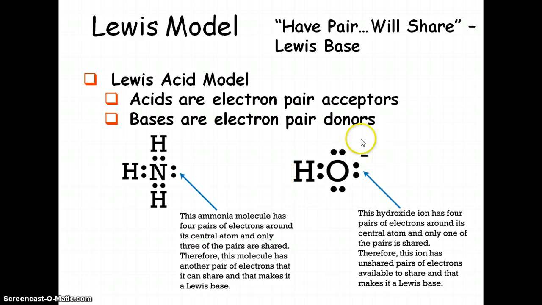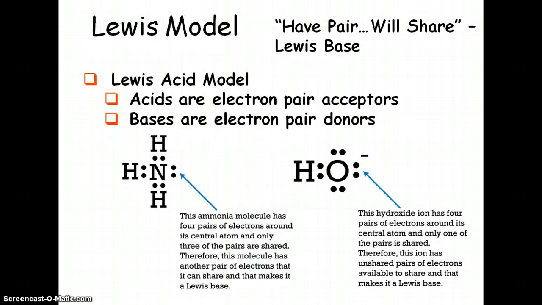Now, OH minus has 4 pairs of electrons around its central atom, and only one of them is shared with a hydrogen. Its unshared pairs of electrons will therefore be available for donation to an acid, so it is considered a base as well.